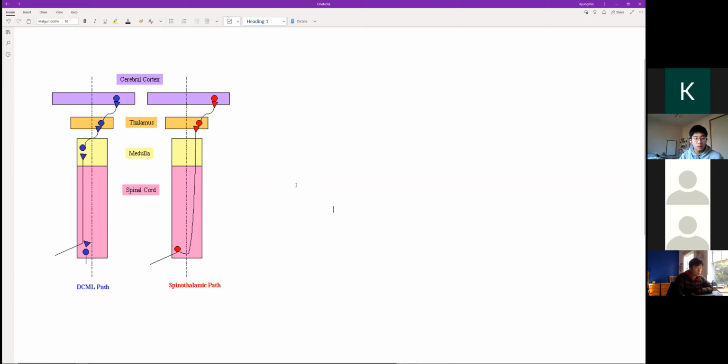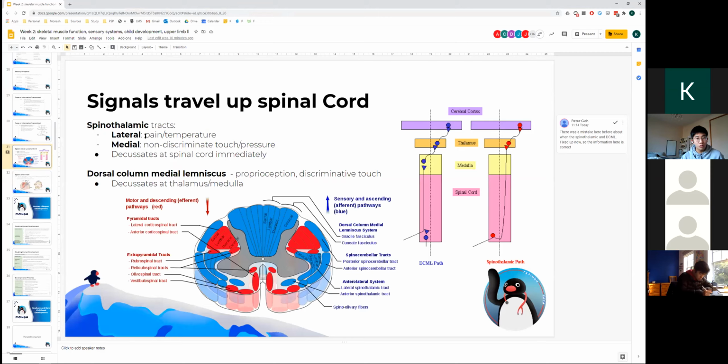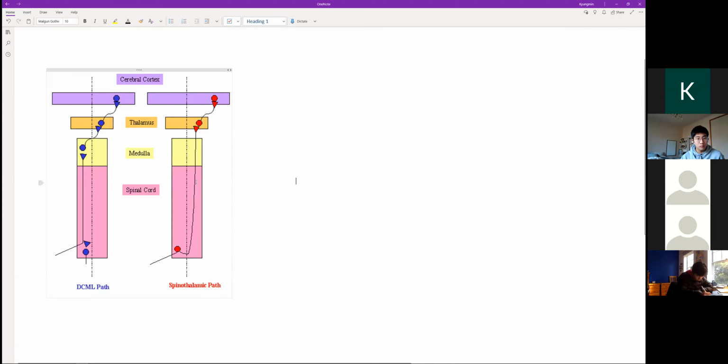Let's say your lesion was on the right-hand side. The lateral spinothalamic tract transmits pain and temperature, so if your right side was injured, you wouldn't be able to feel pain and temperature on the left side of your body below that lesion.